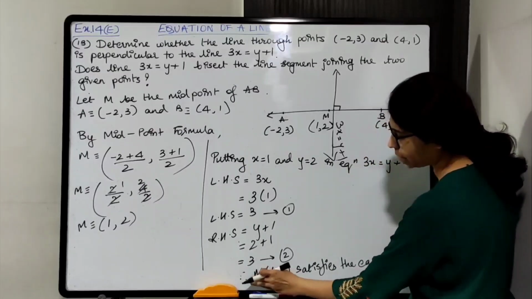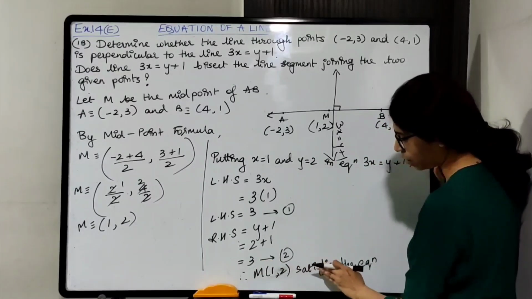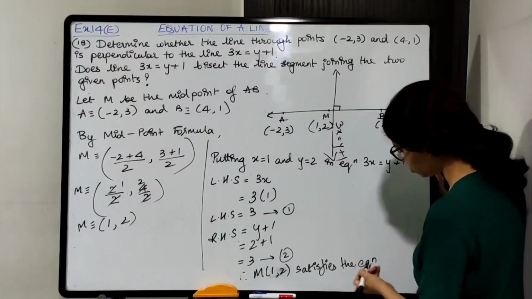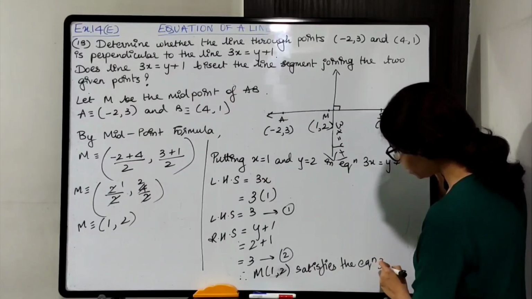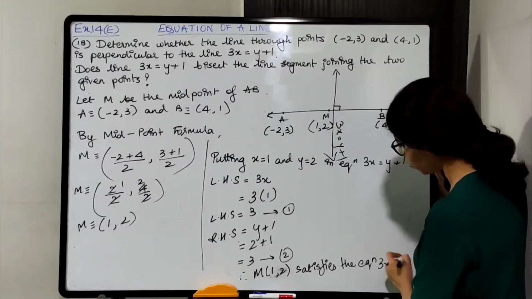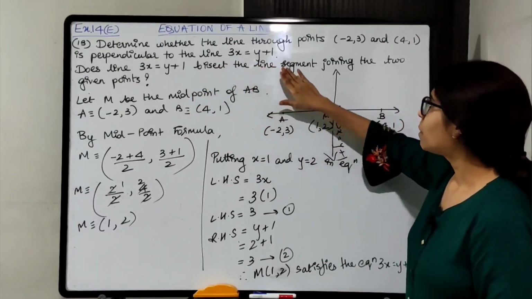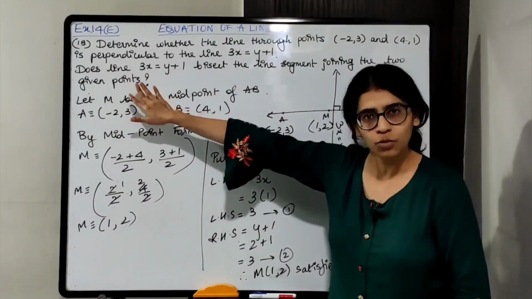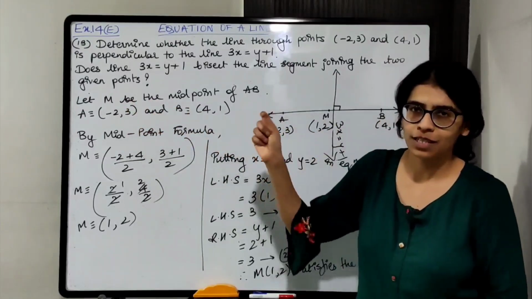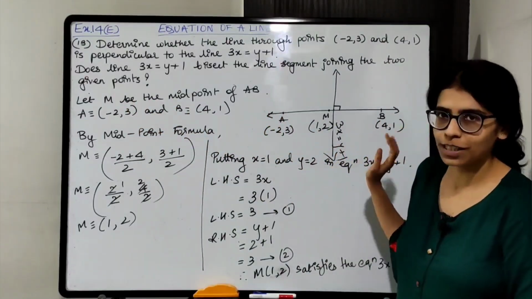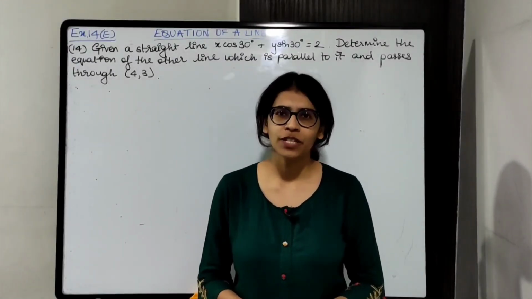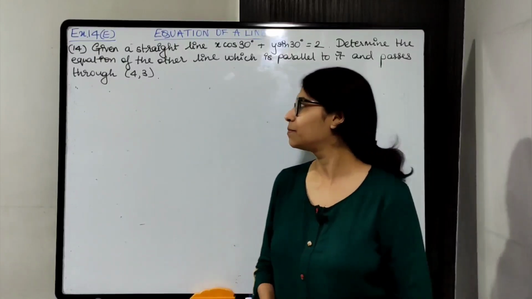Okay, I forgot to write. LHS is equal to RHS, therefore M 1, 2 satisfies the equation 3x equals to y plus 1. Therefore 3x equals to y plus 1 bisects the line segment joining the two given points. Okay, I'm not writing down the statement, write down the final statement. All right.